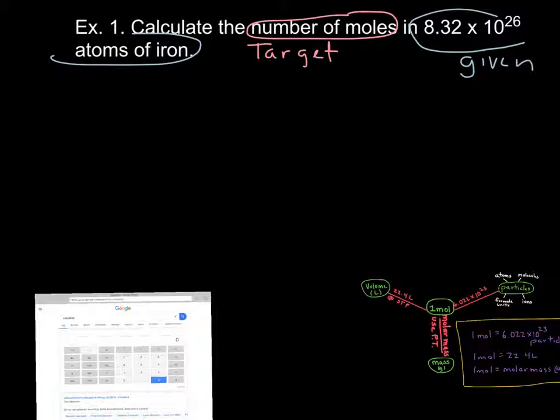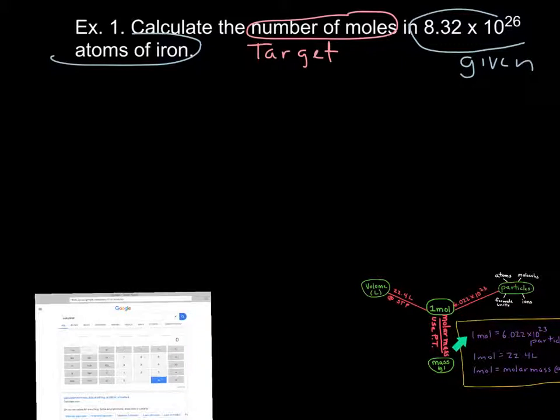Now there's a couple ways that we can take a look and make a plan for our equalities, because there's no equality given here in any of this. That's because we have to know these things right here. So whether you like the map or whether you like the list of equalities, that's up to you. We have atoms, which are particles, and we have to get to moles. So if we're using the map, we're going to use Avogadro's number, 6.022 times 10 to the 23rd particles in a mole.